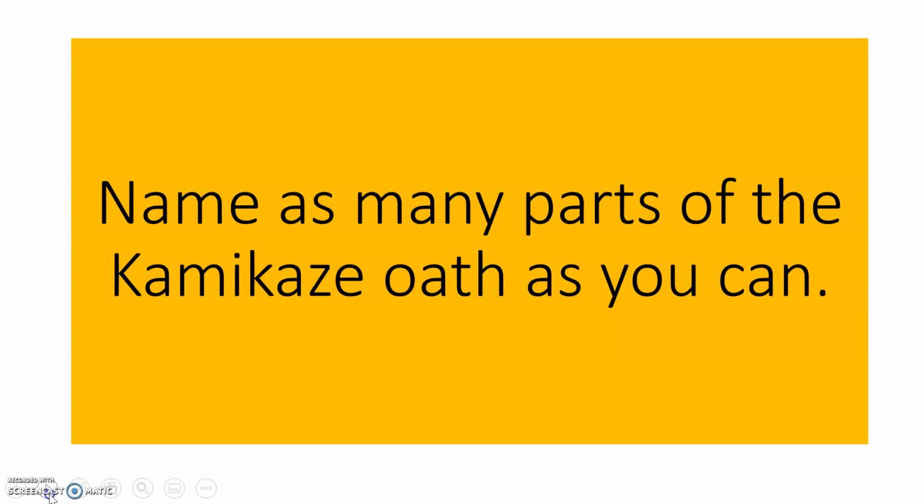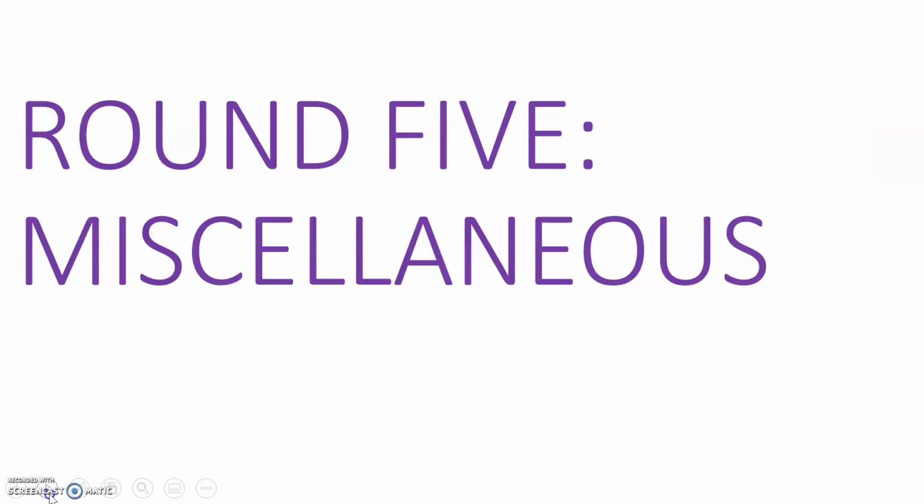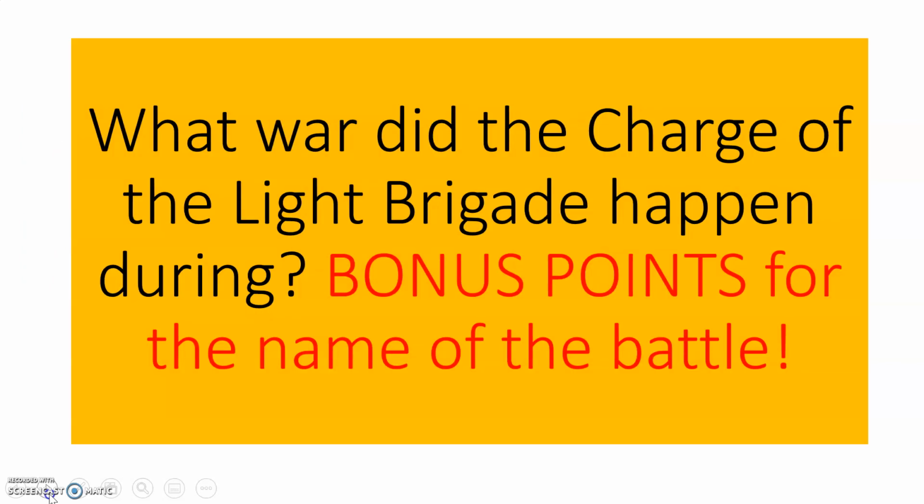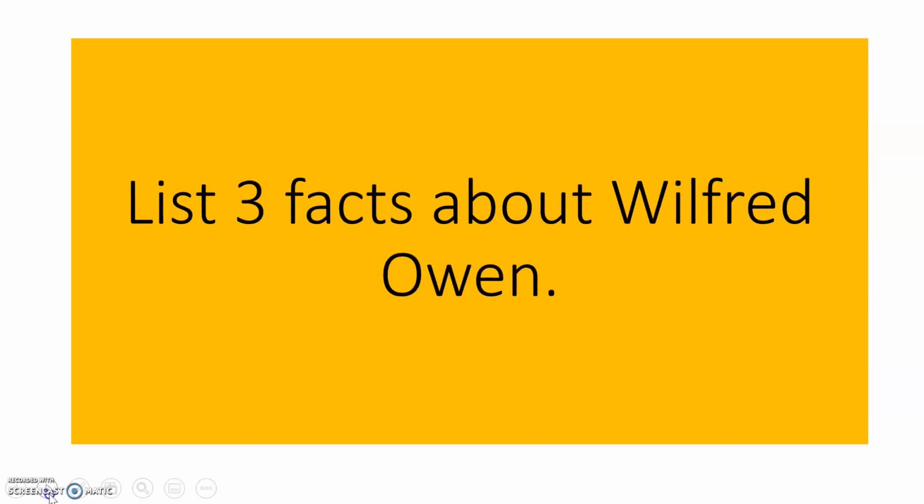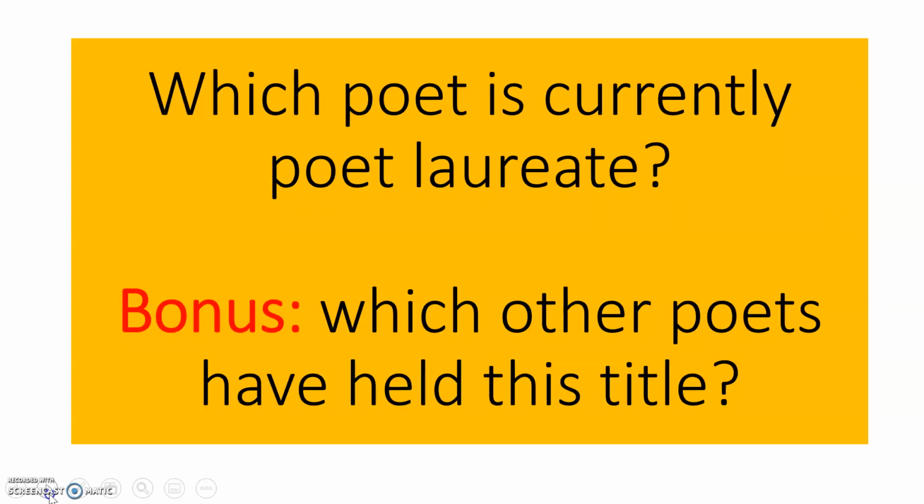Okay, so I'm very quickly going to go back through each of those. Round 5, number 1, that was the Charge of the Light Brigade. Which battle? Number 2, that was 3 facts about Wilfred Owen and his life. Number 3, poet laureate. Who is it currently? Bonus if you can name other poets in the anthology that also held the title.